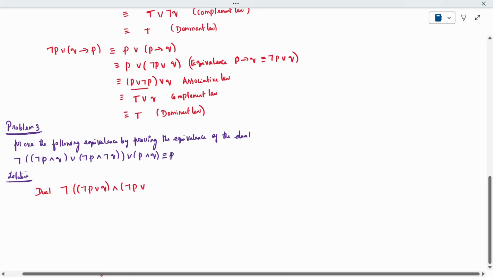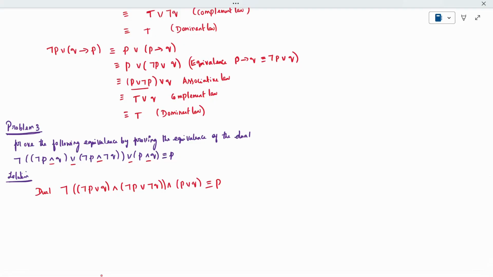I am not changing anything, only the symbol. See here, only the change in the symbol. That is called the dual. Completed.